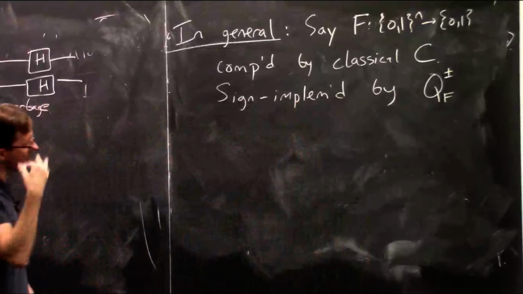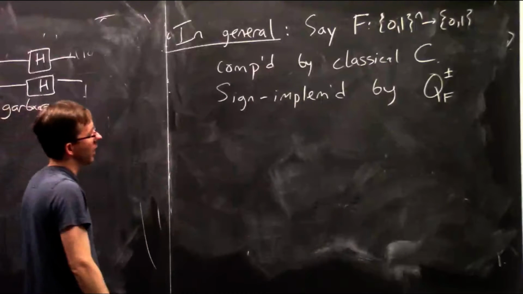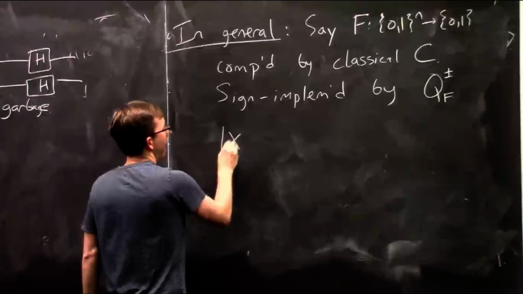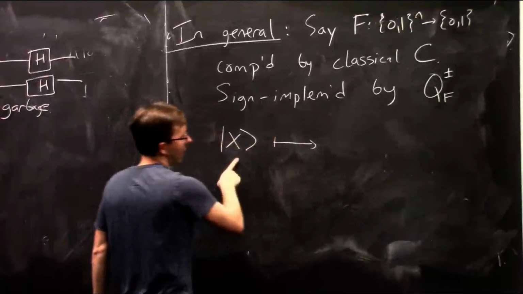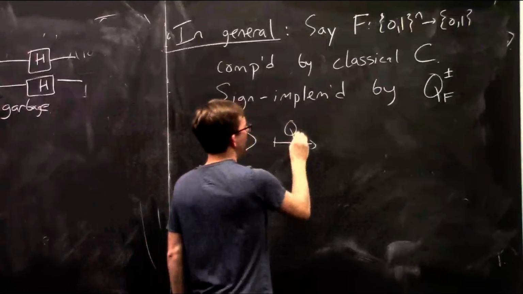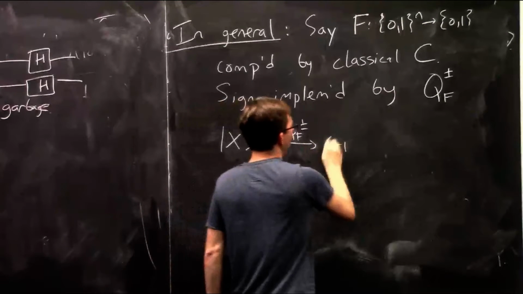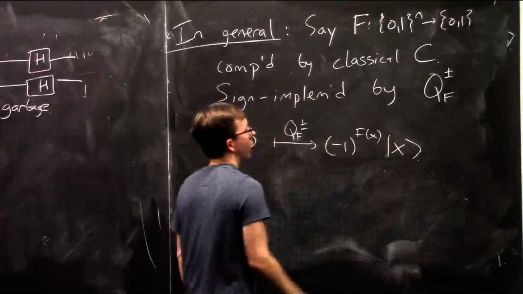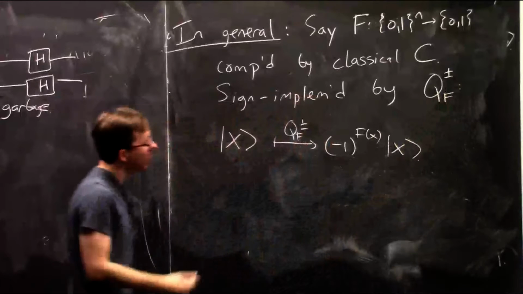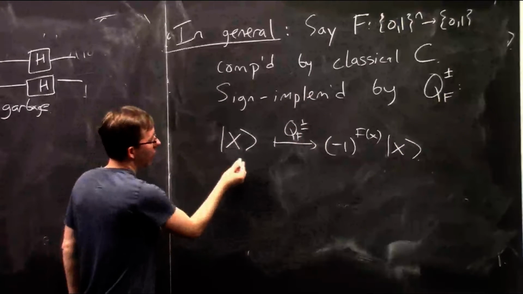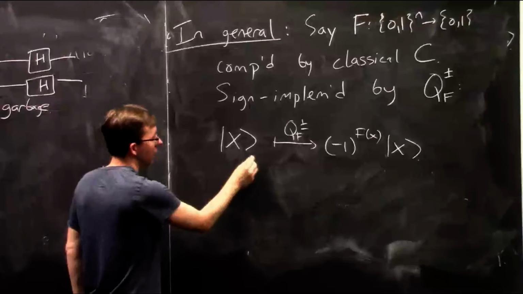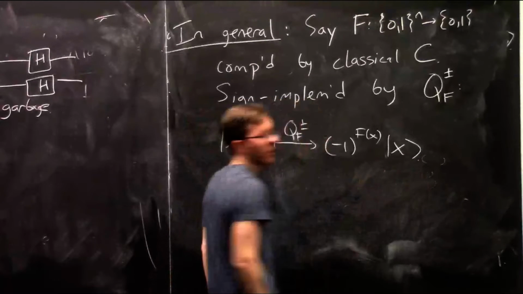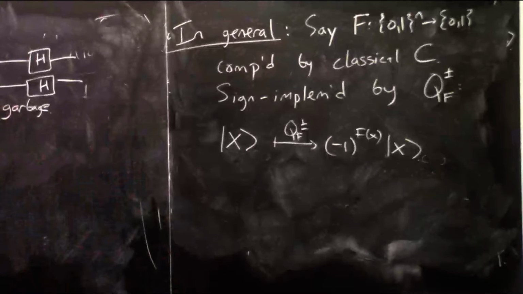The plus or minus just reminds us that it's doing the sign implementation, and it's implementing F, that's the subscript, in the sense that if you give X, an n-bit string, to Q, then you get out -1 to the F of X times X. And again, I'm fully omitting the ancillas here. So really it also takes in a bunch of unentangled or attached zeros and spits out the same attached zeros. I'm going to stop writing this.